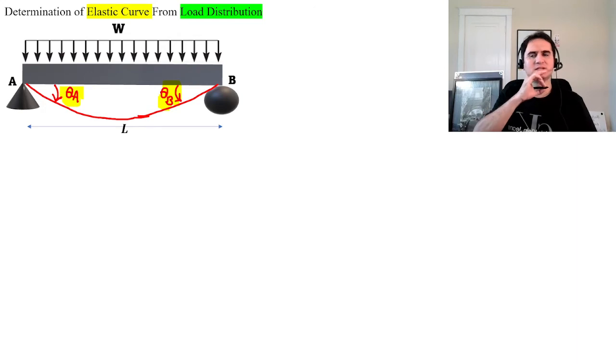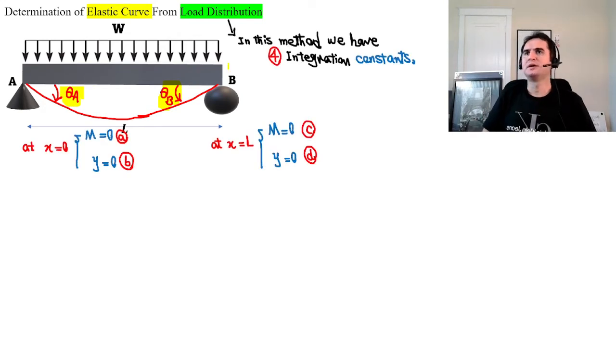So in this method, from load to deflection we have four consecutive integrations. Area under load goes to shear, area under shear goes to moment, area under moment goes to slope, area under slope goes to delta.